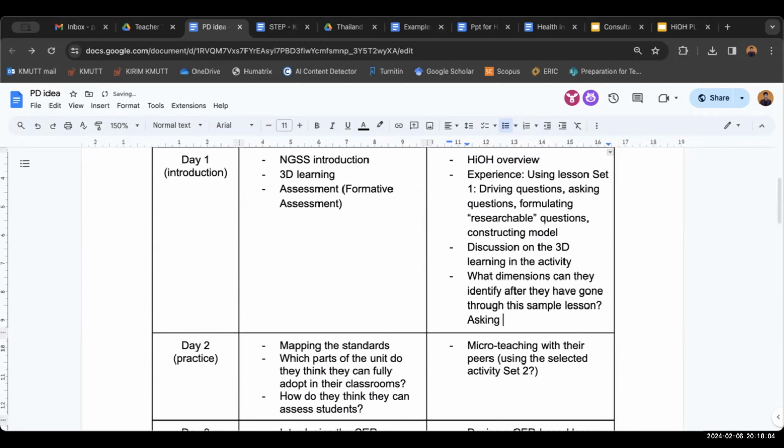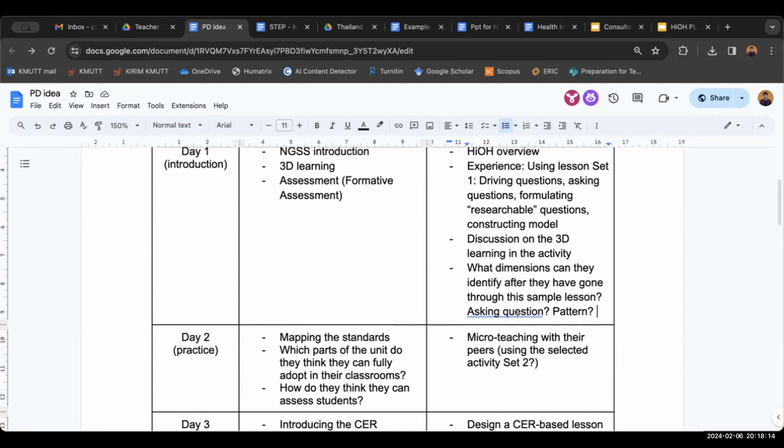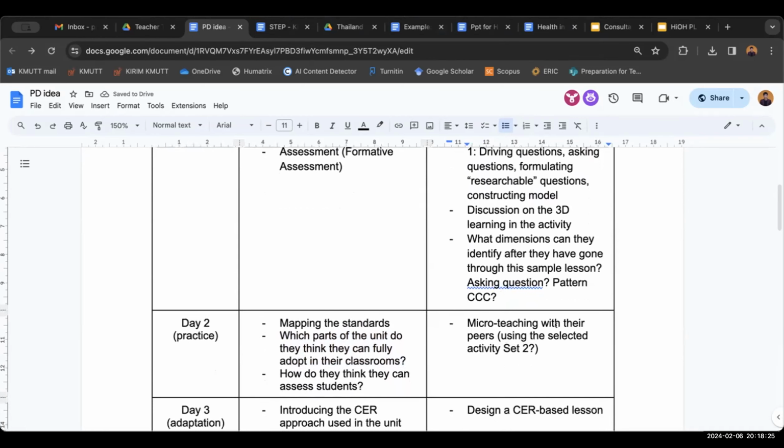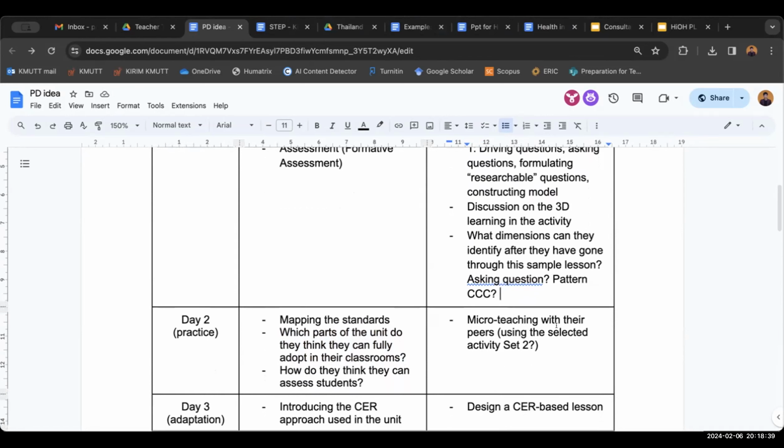In learning set 1, the focus isn't necessarily on a disciplinary core idea, because we're just introducing the phenomenon. So students are just trying to ask questions about what they're seeing, and then they are looking for patterns. They're seeing, are there patterns to the questions that I'm asking? So I think those are important ideas that you want to see if the pre-service teachers are noticing.